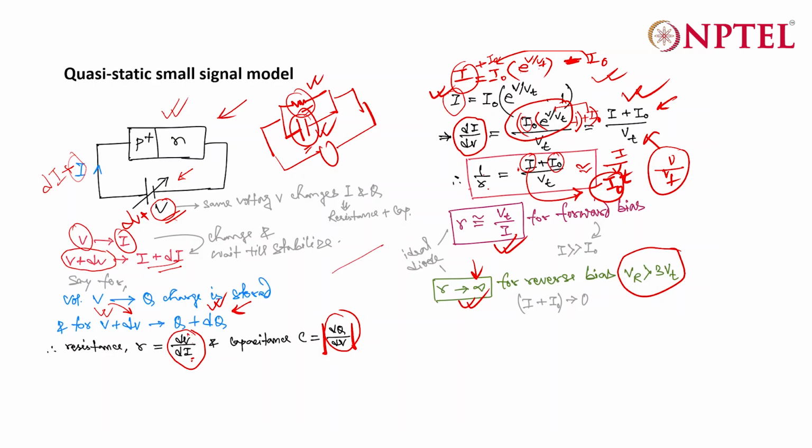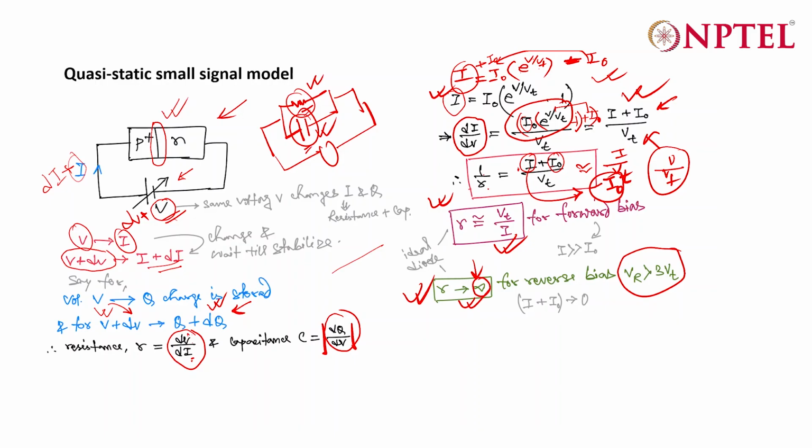Your reverse bias current also changes because of the generation recombination current. For reverse bias, it is generation current, right? So in that case, your R will not be infinity. Rather, you will find a very high value, maybe hundreds of kilo ohms in the reverse bias condition. So this is the value of R for your diode.